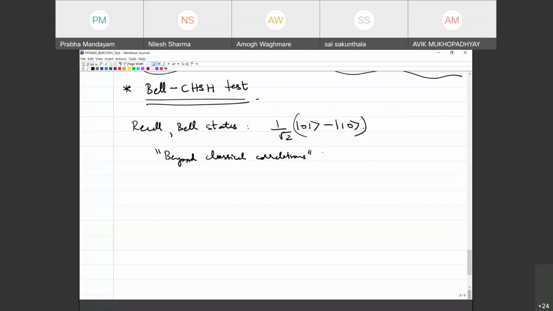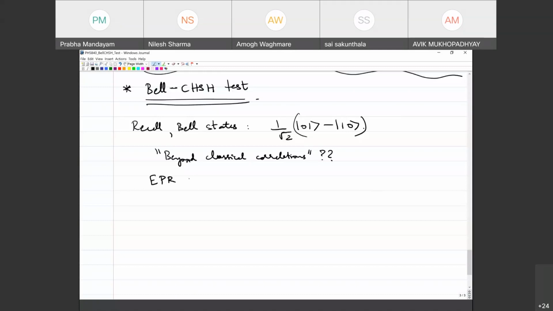So what does it mean to say that such states have correlations beyond classical correlations? We went back to history and we said that these are also called EPR states, because such kinds of states were originally visualized by EPR.